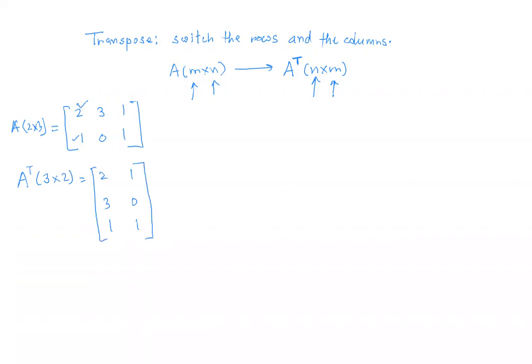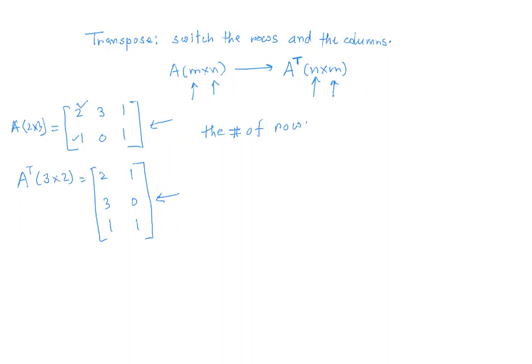So that's A transpose. This matrix has 2 rows and 3 columns, and this one has 3 rows and 2 columns. So the number of rows and columns switch.